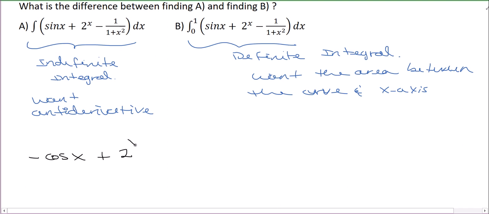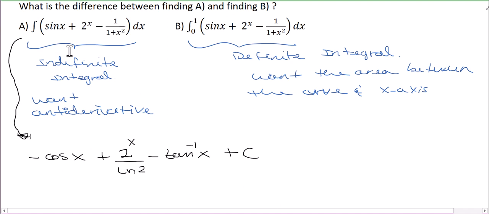You always get the exponential back, but this, the base is not e, so I have to divide by the natural log of 2, and then minus the antiderivative of this. So what function has a derivative of 1 over 1 plus x squared? Inverse tangent. So that's inverse tangent of x, and then plus c. So an antiderivative, you get plus that constant. And so now for part B, let me copy that.